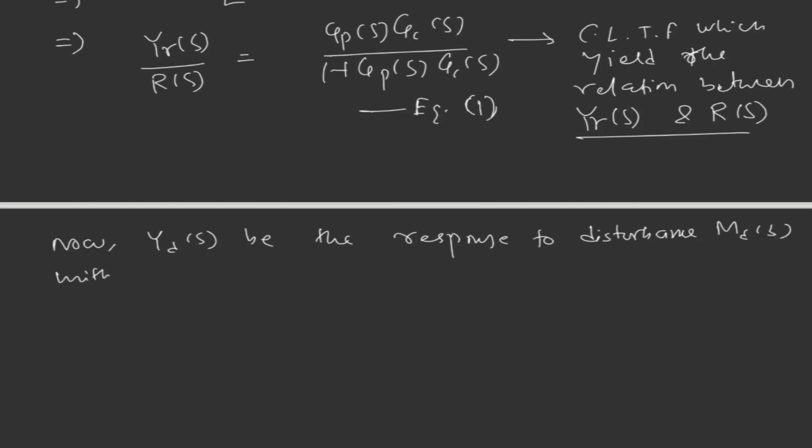We have to consider one input at a time, so the other inputs will be assumed to be 0, with R(s) equal to 0 and W(s) equal to 0.